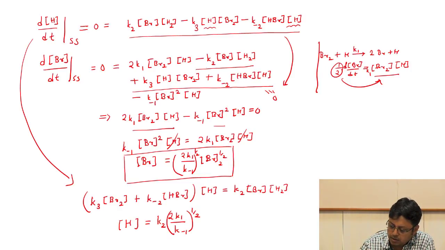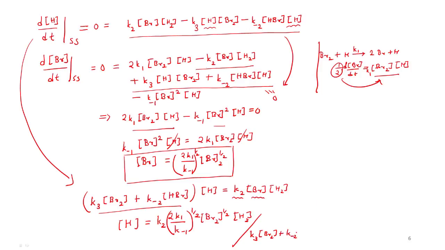So it is K2 times the Br expression, which is Br2 to the power half, times the H2 concentration, divided by this entire thing, K3 Br2 plus K minus 2 HBr. So this is the expression for the steady state concentration for the hydrogen radical.